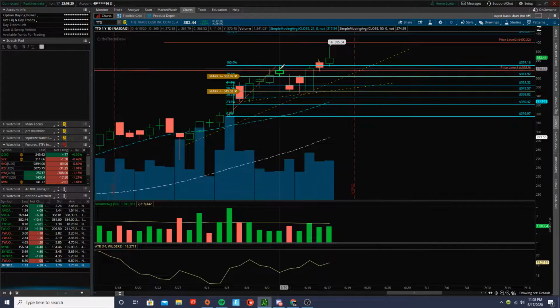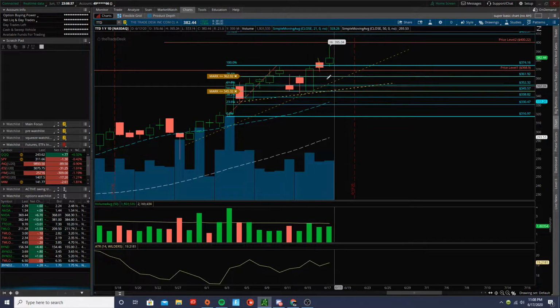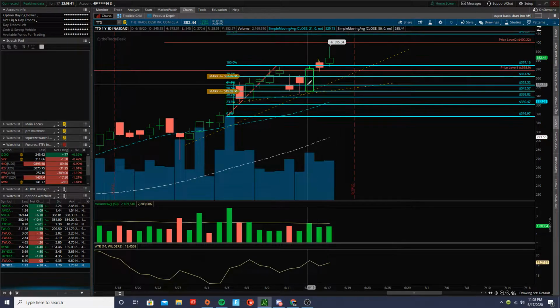We tested it back on June 10th, came back down, and it's been holding this daily trend line really well. It would have been really nice if I had gotten filled right around this 345 area back on the 15th. Unfortunately, I didn't see that, but it had an engulfing candle, a huge run up yesterday.